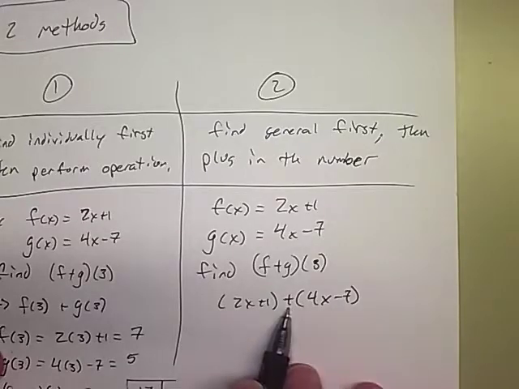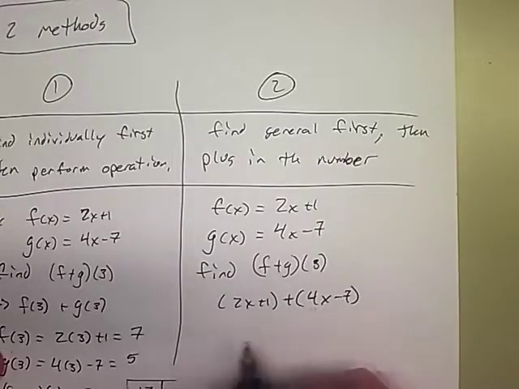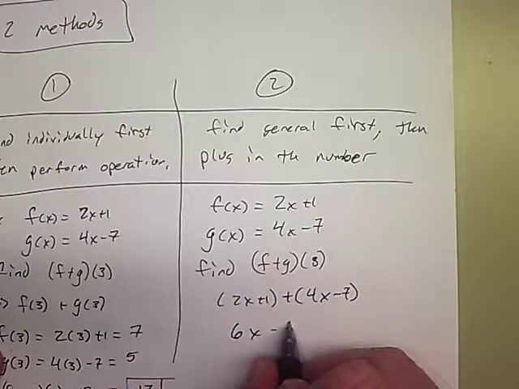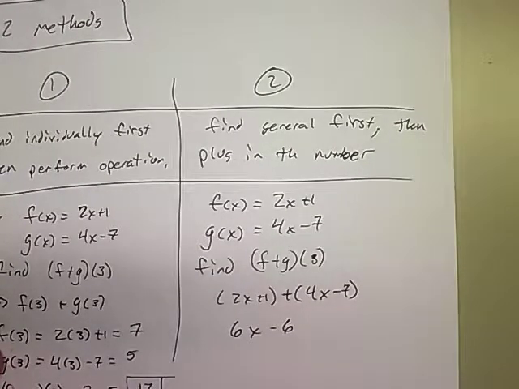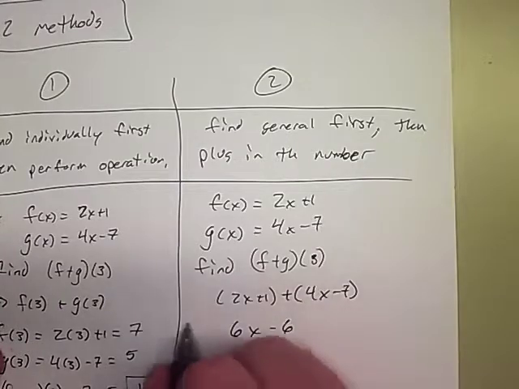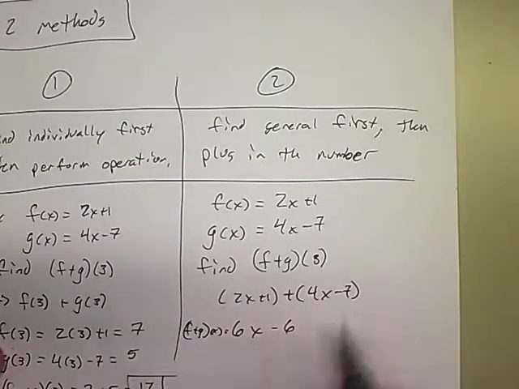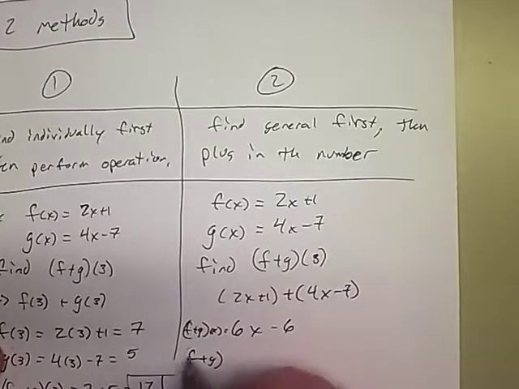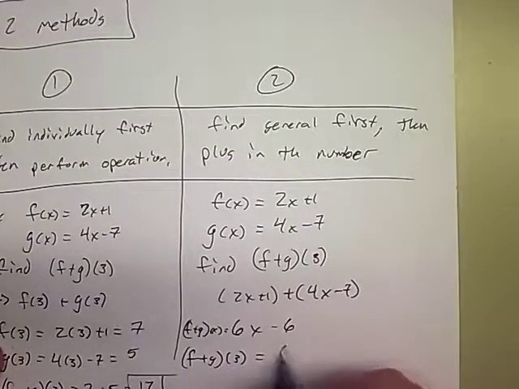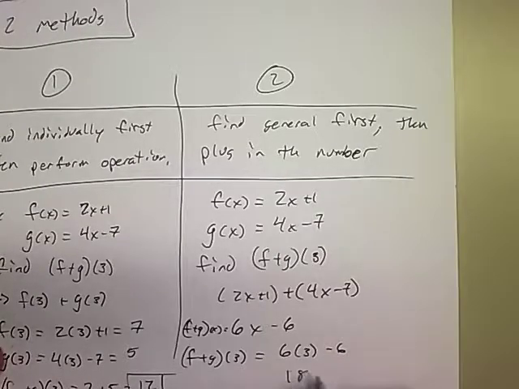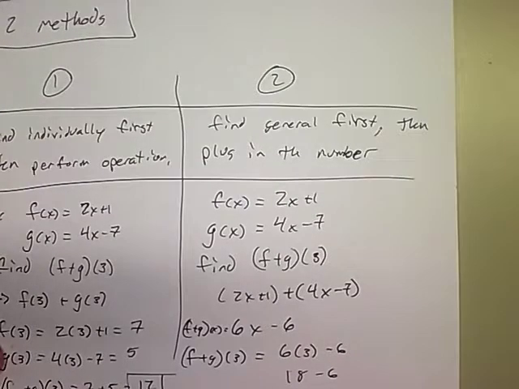So I add these together, and 2x plus 4x gives me 6x. 1 and negative 7 is minus 6. So this is f plus g at x. And now f plus g at 3 is going to be 6 times 3 minus 6, which is 18 minus 6, which is 12.